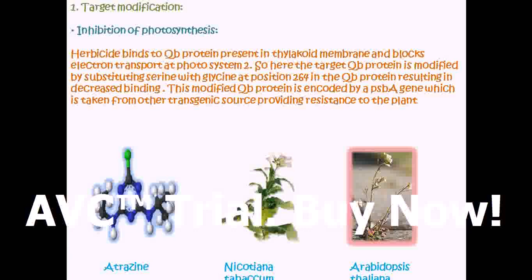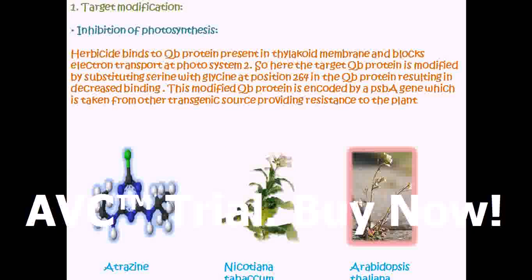In this first example, the herbicide binds to the QB protein which is present in the thylakoid membrane of the chloroplast. The herbicide binds to this protein and blocks the electron transport at photosystem 2, as a result of which photosynthesis is inhibited. So the target QB protein is modified by substituting serine with glycine.